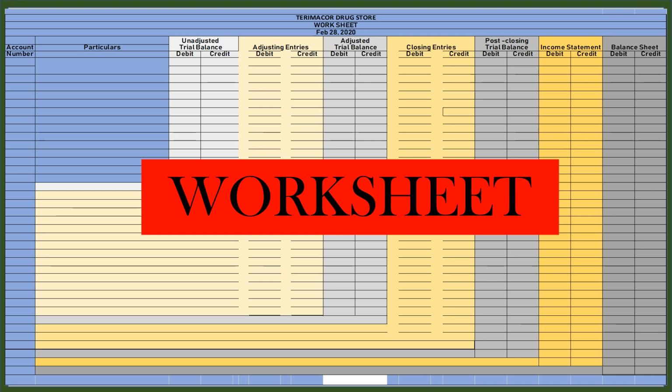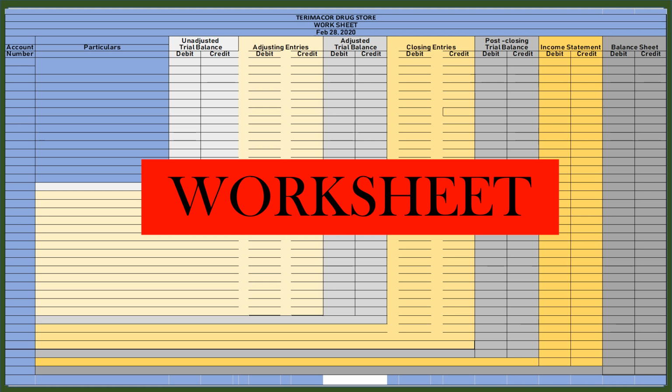The worksheet is not a permanent record or document. It is not a part of the journal or ledger. It is a device or tool used for easy preparation of adjusting entries and financial statements. The worksheet is a multi-column sheet or a computer spreadsheet where the accountant writes, in brief, information necessary for the preparation of adjusting entries and financial statements.